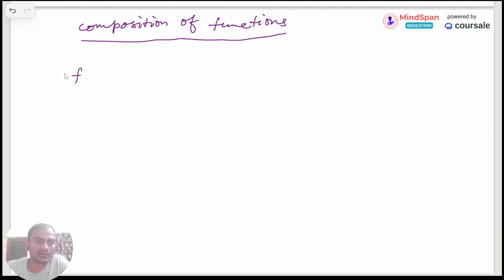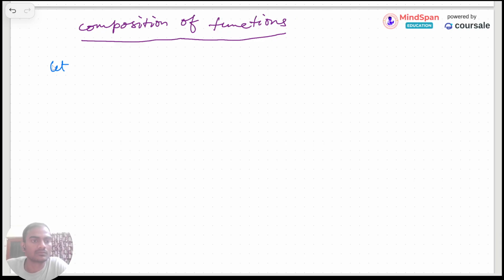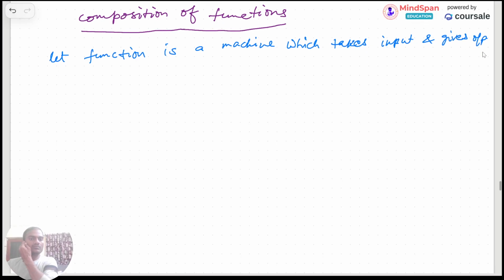Let's assume a function is a machine which takes input and gives output.